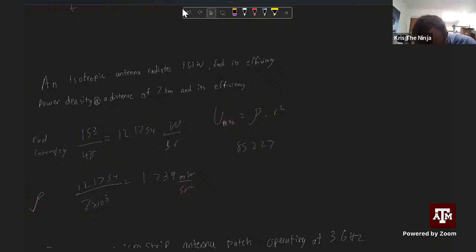Wait, directivity is in dB. So U max over U naught, and U naught is P rad over 4 pi.